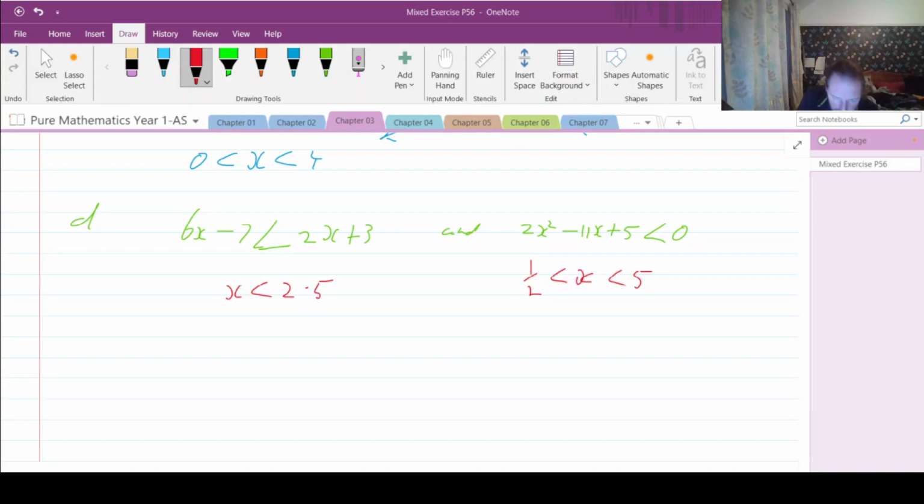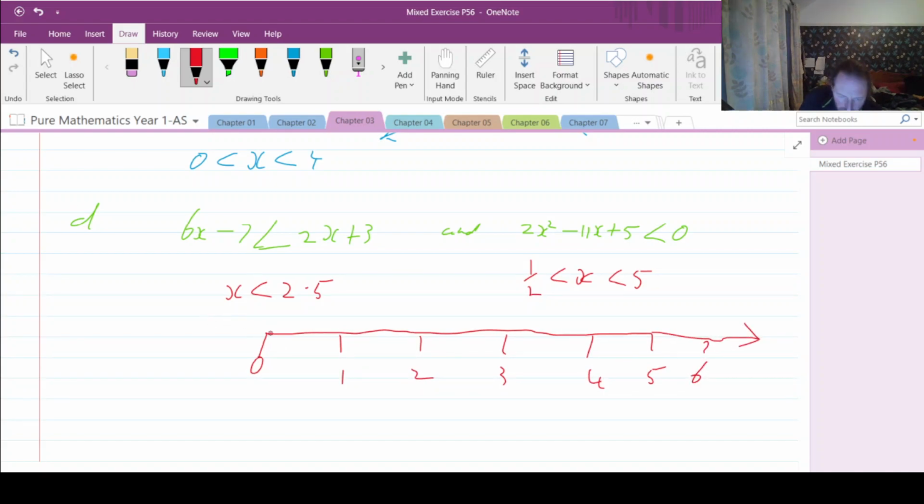Well, if we were to put this on a number line: 0, 1, 2, 3, 4, 5, and minus 1. If we plot this first one in the orange arrow, we would have a 5 and a half, and we would draw the line like this.